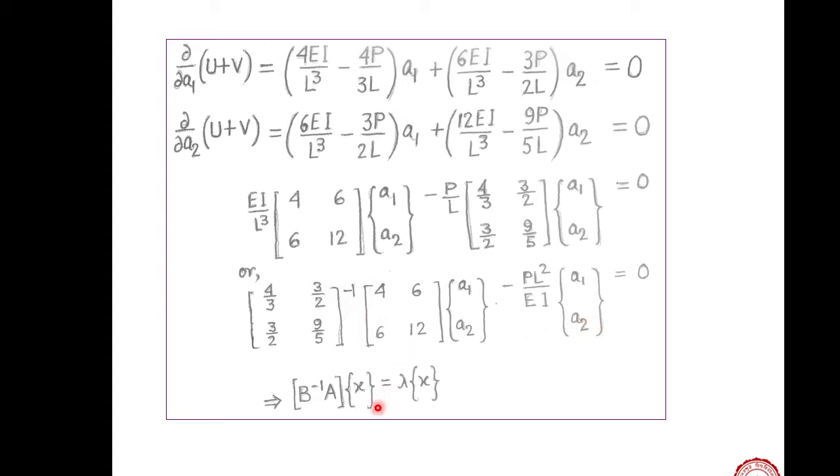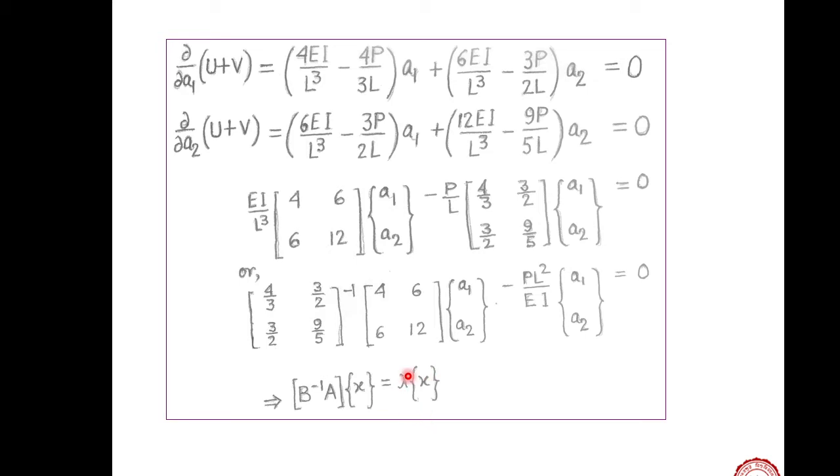This is the general form. This particular matrix is B inverse, meaning inverse of geometric stiffness matrix multiplied by the stiffness matrix, into the vector of unknowns equal to some lambda into the vector of unknowns. If that is our x, what does it mean? A matrix multiplied by a vector is becoming a scalar multiplied by the same vector.